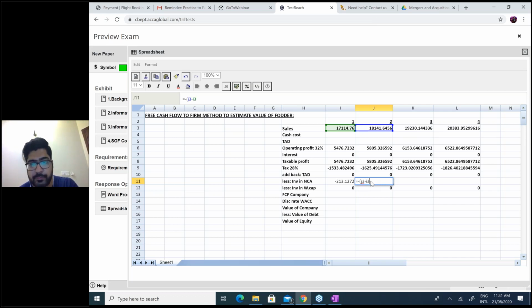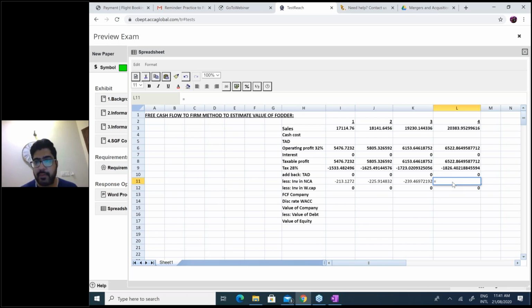This is the difference in revenue, and apply 22 cents. Here, the increase in revenue is K3 minus J3, and apply 22 cents.